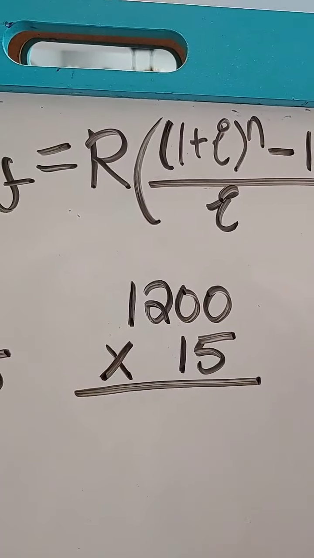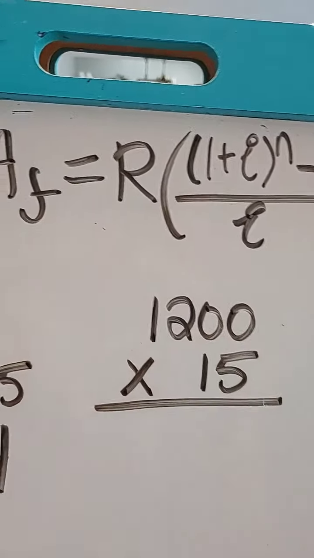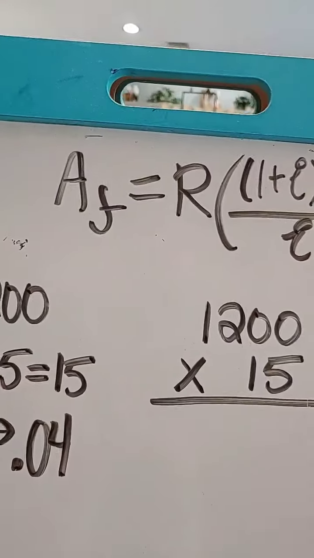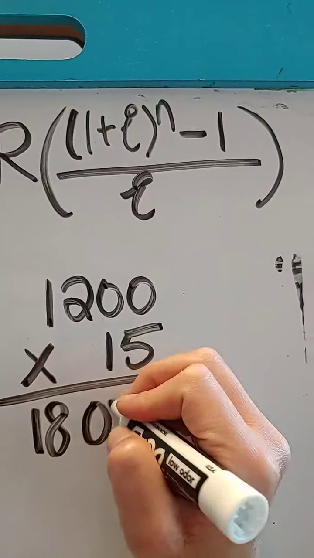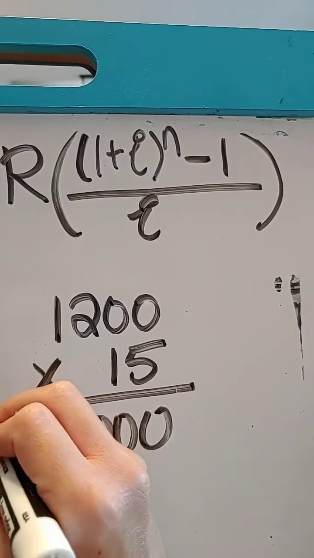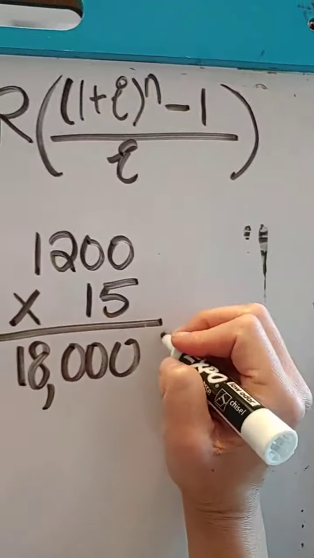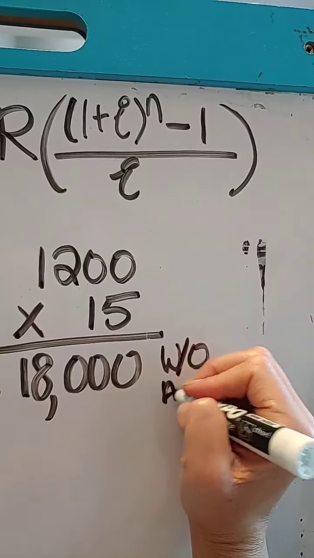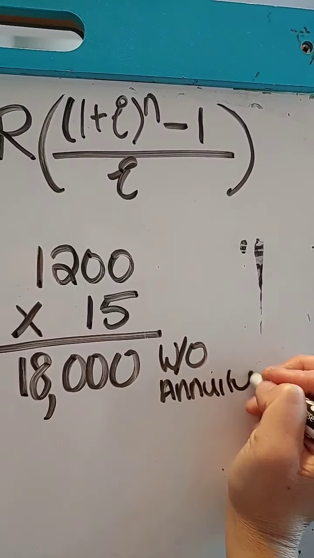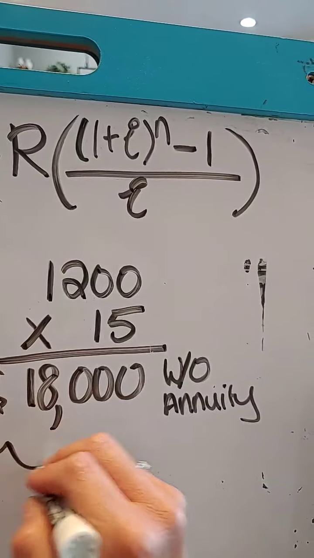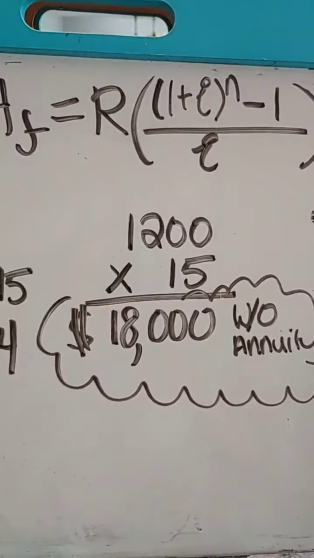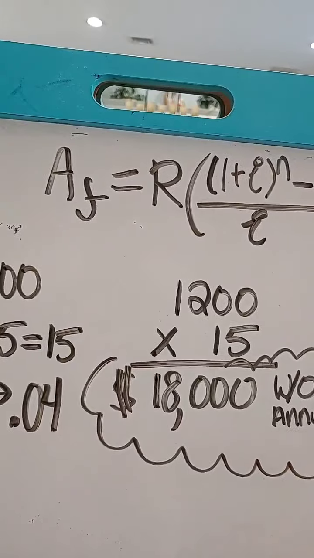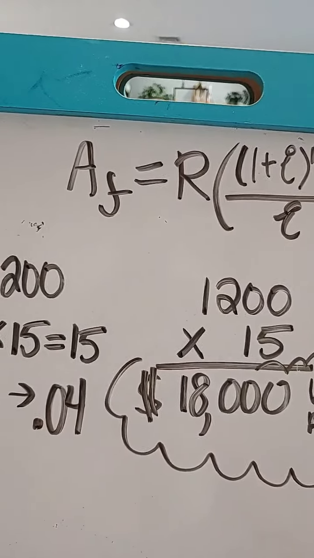So if I put in $1,200 once a year for 15 years, at the end of the 15th year, I would have $18,000. This is without the annuity. So we need this here because we need to know what would happen if I didn't have the annuity in order to figure out how much money I've made if I do have the annuity.